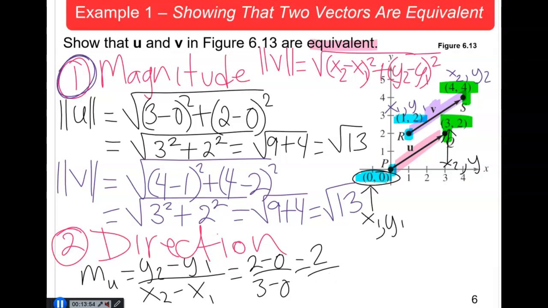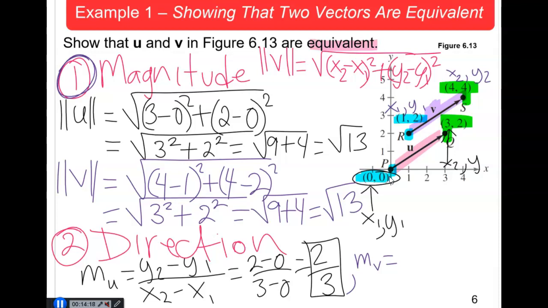Now we're going to do the same for the other vector, and this is positive, which is very important. And you can tell that because the line segment is leaning to the right. So it makes sense that it does have a positive slope. So now let's calculate the slope of the other one. So it will be m sub v for the slope of vector v.